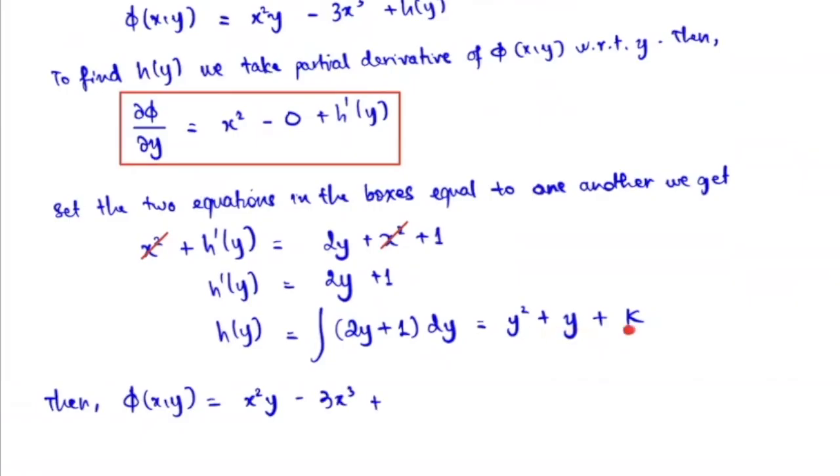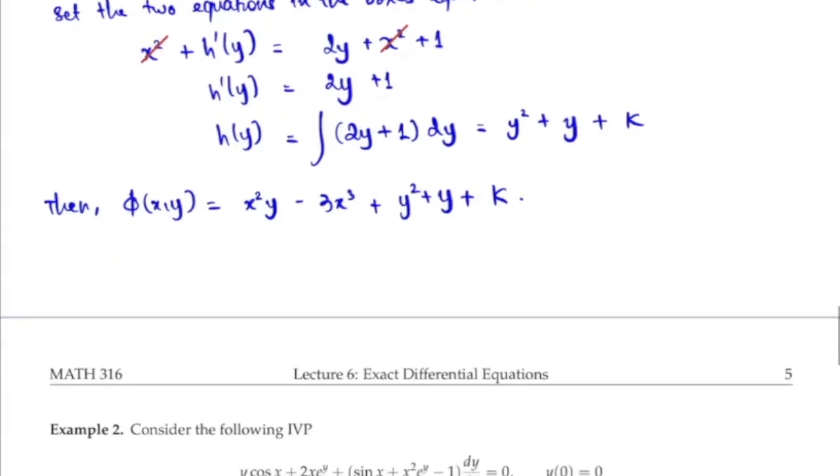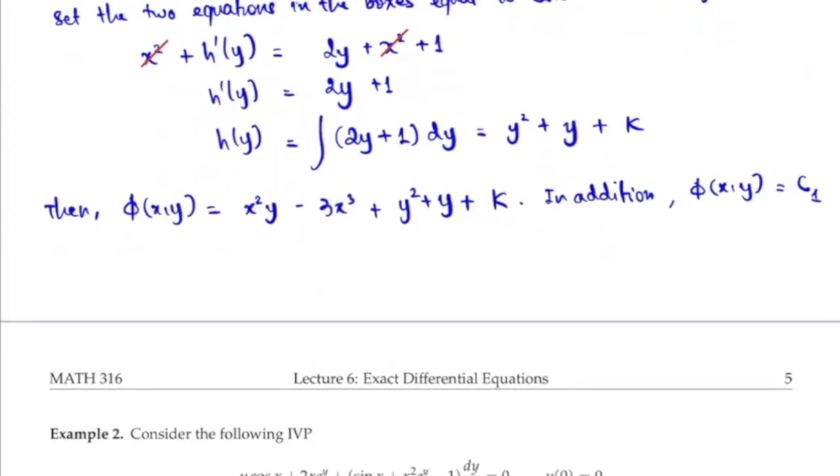In this case, h of y is equal to this expression, that is y squared plus y plus k. But remember, the solutions we're looking for are level curve solutions. In addition, phi of x comma y is equal to c, but in this case, let me call that c1. And then combined together, you have x squared y minus 3x cubed plus y squared plus y plus k equal to c1.